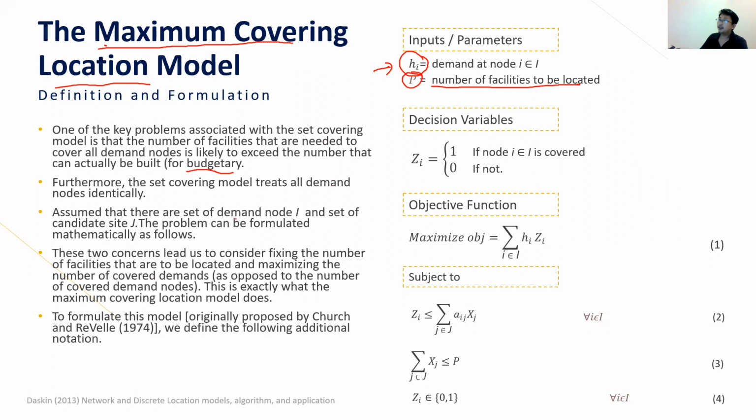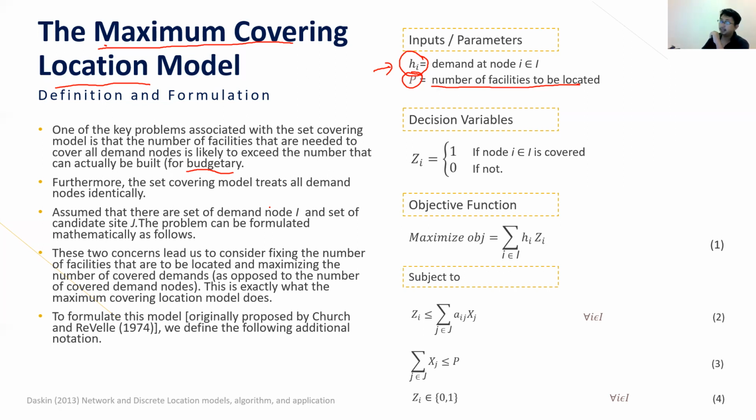Okay, so now the objective is changing. The decision still consists of locating the facility, which facility you will use, but now the facilities that you select should aim to maximize the demand being covered, because not all the demand can be served. So you need to select carefully which facilities you use so that they can cover the most demand, the maximum demand.